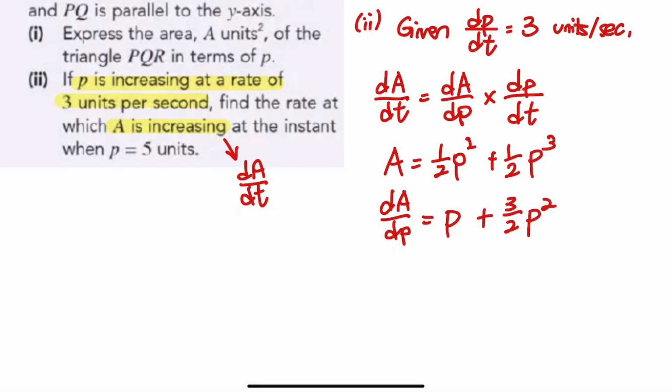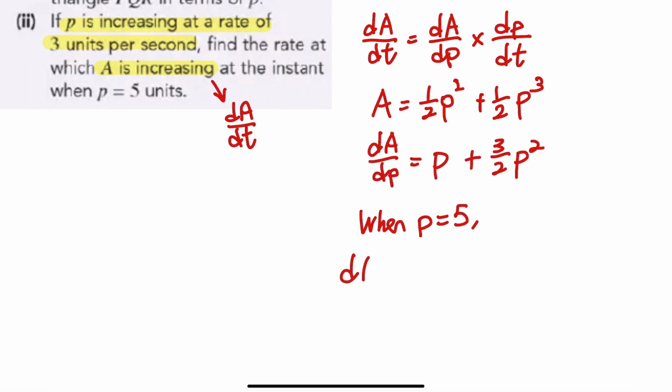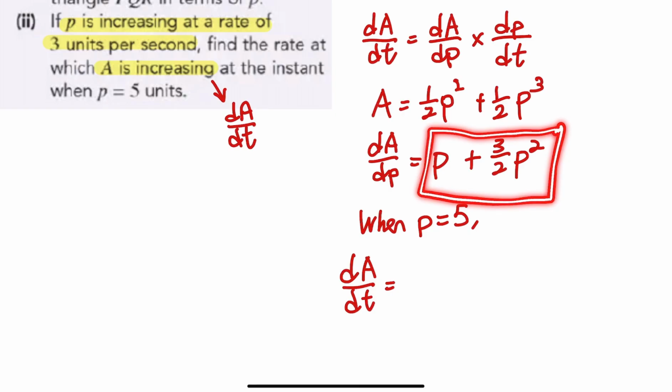When P is equal to 5, dA over dt is simply dA over dP, but I will sub in P equals 5.